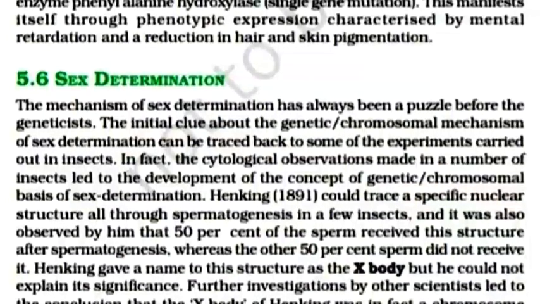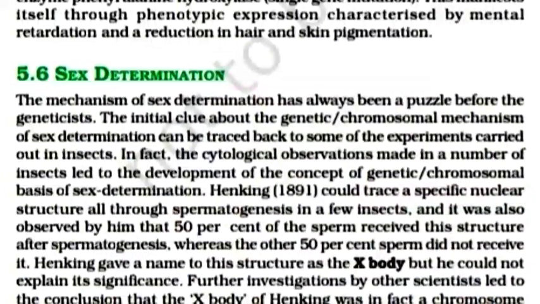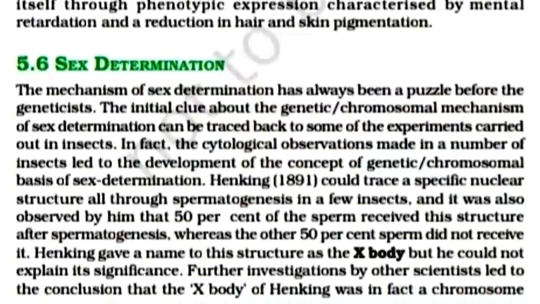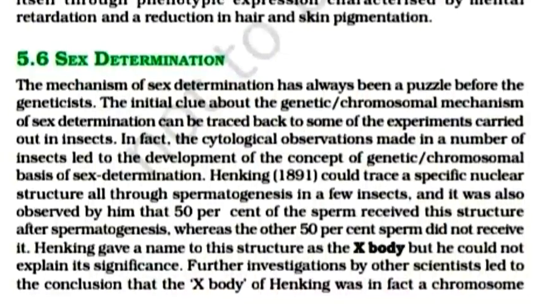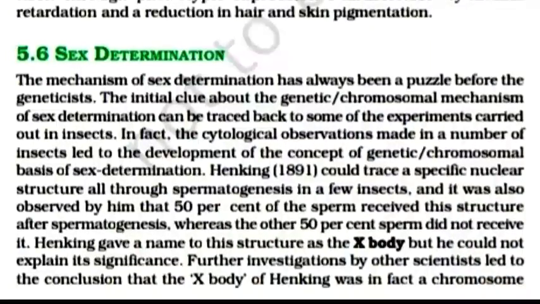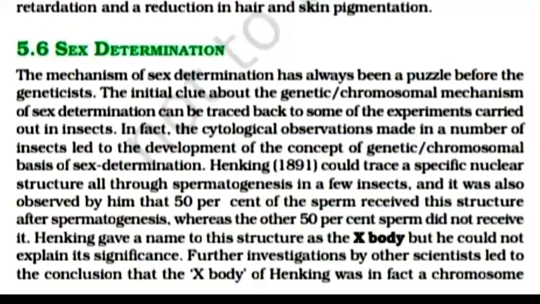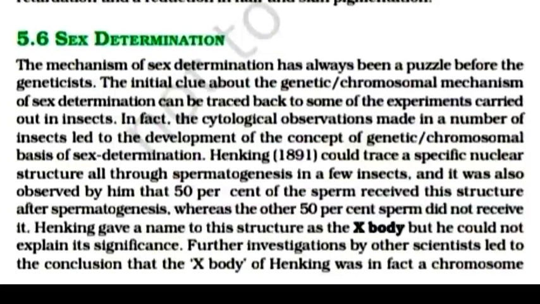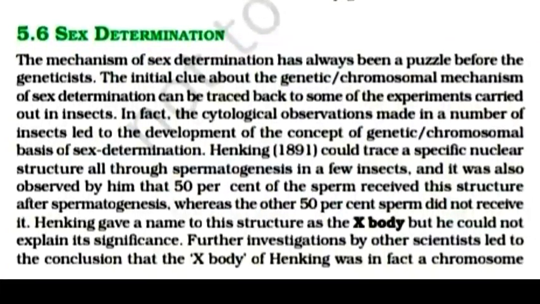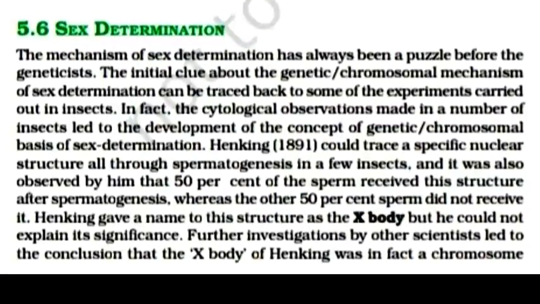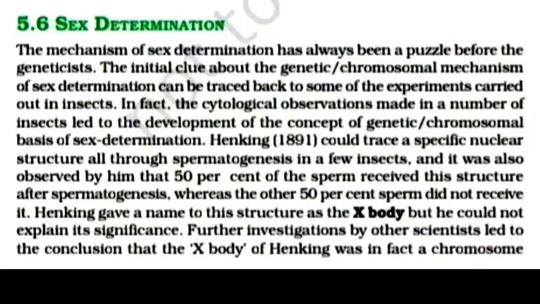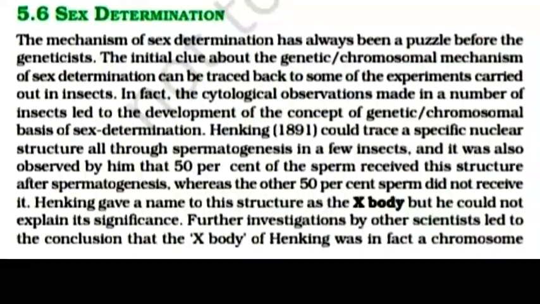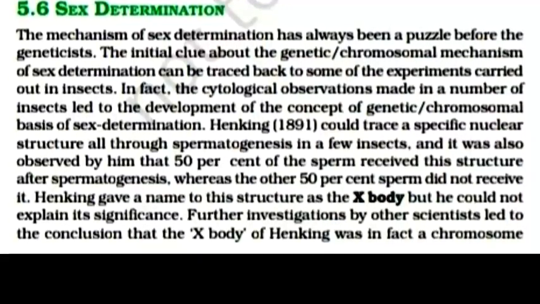Henking could trace a specific nuclear structure all through spermatogenesis in a few insects, and it was also observed by him that 50% of the sperm received this structure after spermatogenesis, whereas the other 50% did not receive it. Henking gave a name to the structure, the X-body, but he could not explain its significance.